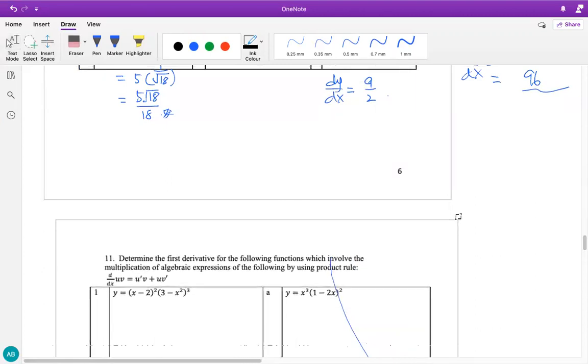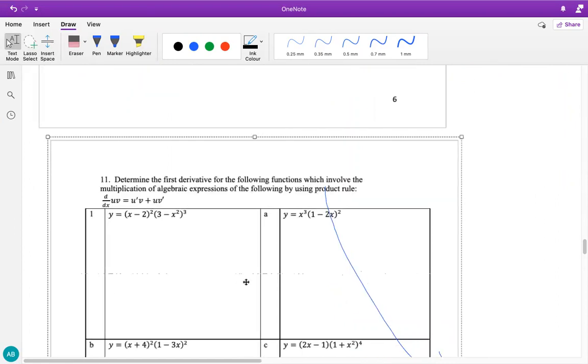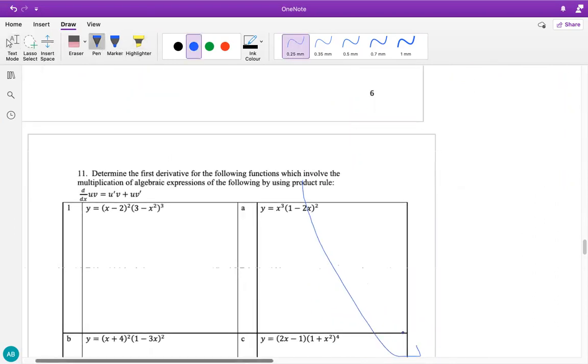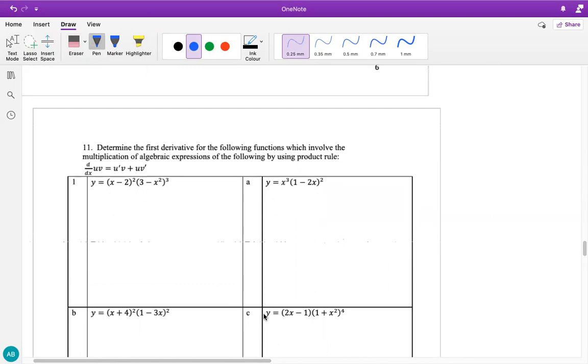Okay, so find dy dx involving the product rule. Product rule is usually used when you can see that there are two functions. This is a function, this is a function, with a big power here and a bigger power here.